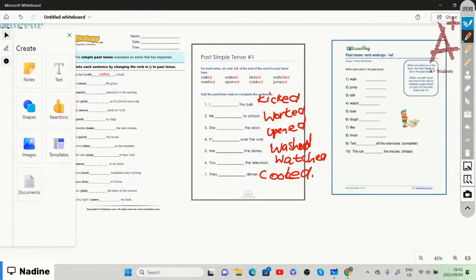So these are basically just the regular simple past tense, and remember it ends in ed. So kicked, walked, opened, washed, watched, and cooked. These are the simple regular past tense verbs. All right, we're going on to the next one.